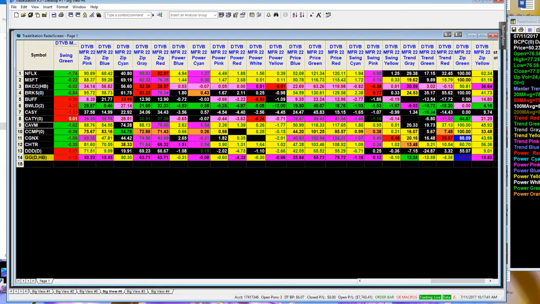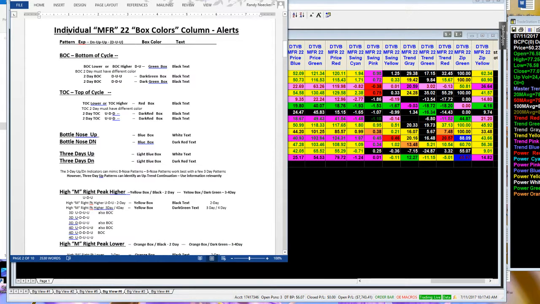When you have the individual ones, these are the individual market force recognition box color alerts. When you have a BOC, you have a green box, as you can see here. And when you have a top of cycle, you have a red box, a bottlenose or a blue box with white text.